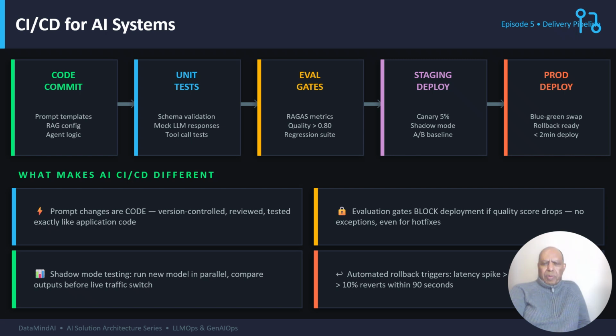Automated rollback is under 2 minutes. And the cost check: the full evaluation pipeline should run in less than 30 minutes end-to-end to support rapid iteration.